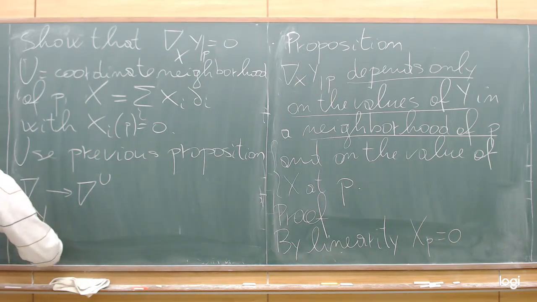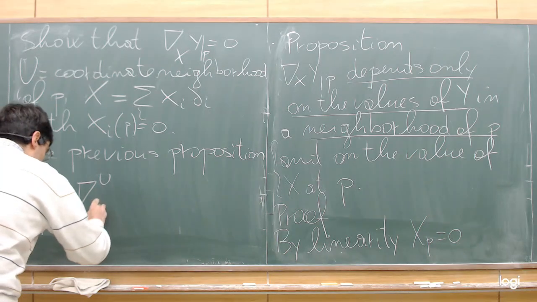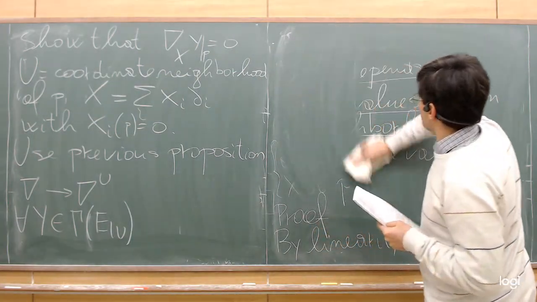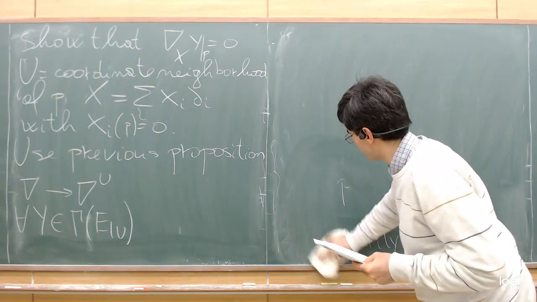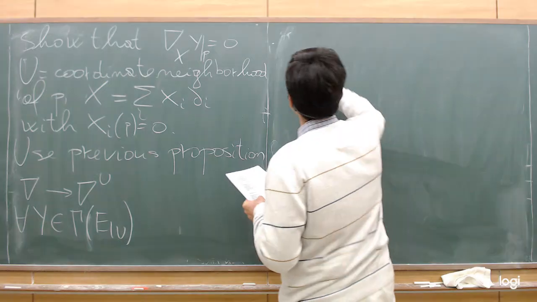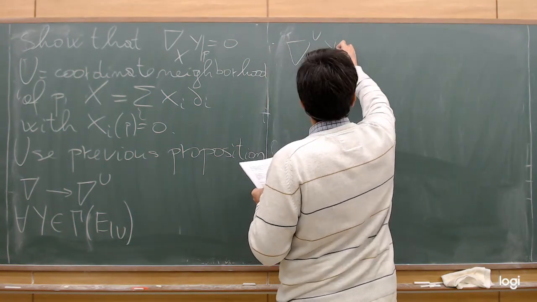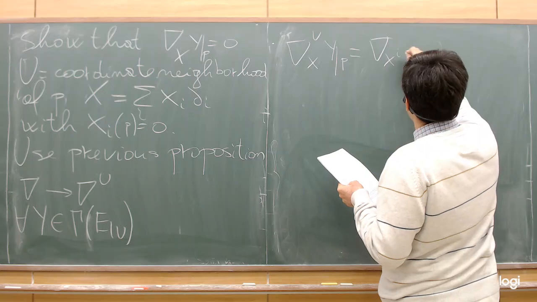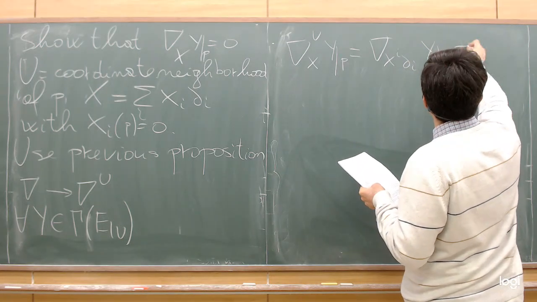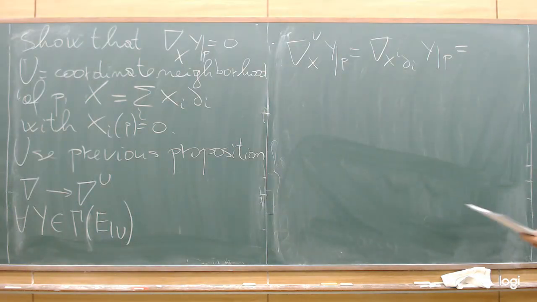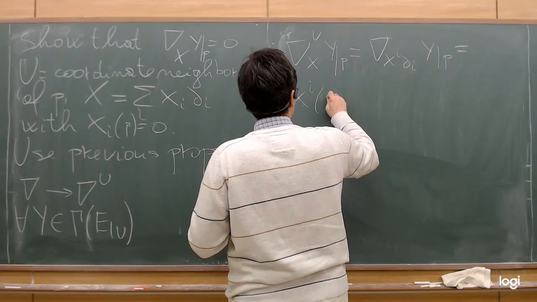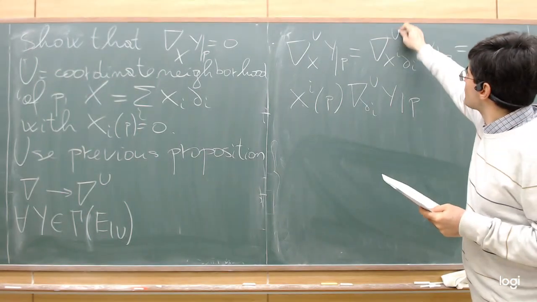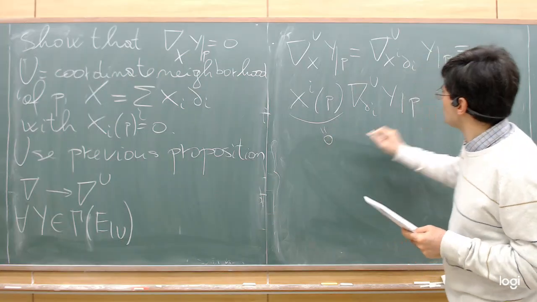Then for every y in gamma E restricted to U, we have that nabla u x y at P is nabla x^i d_i of y at P, and by bilinearity this is x^i at P nabla d_i y at P. But this is 0, consequently this is 0.